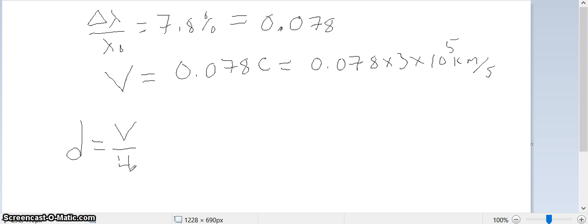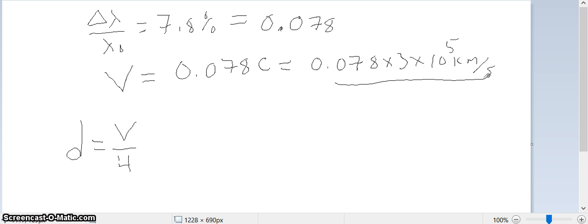But we're not directly given the velocity. We have to calculate the velocity, so you multiply this 7.8% times the speed of light, that would be 0.078 times 3 times 10 to the fifth kilometers per second.